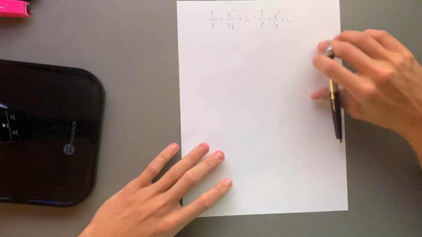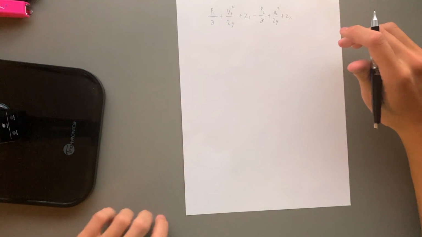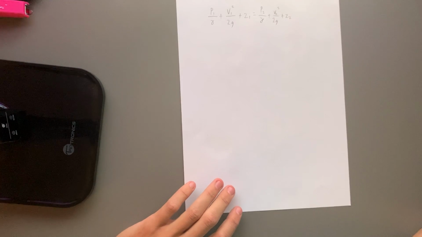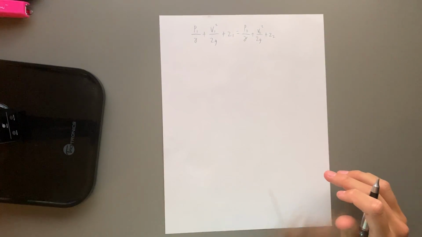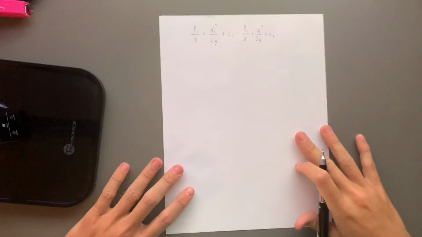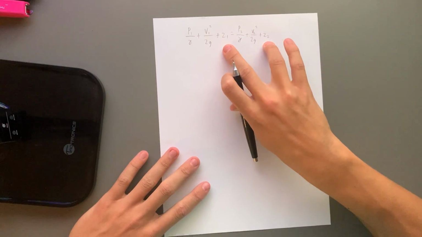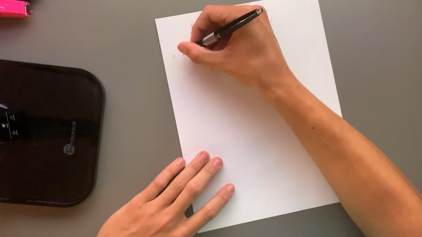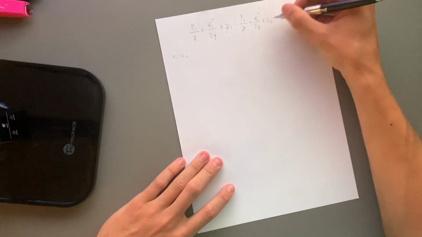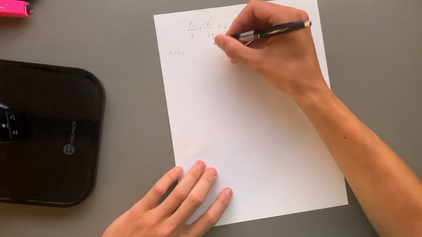All right, so we have Bernoulli's equation here. Now we need to do some things with these variables and actually tell them what they are. So we know in this example, our z's are equivalent. So z1 equals z2, so those will cancel out for us.